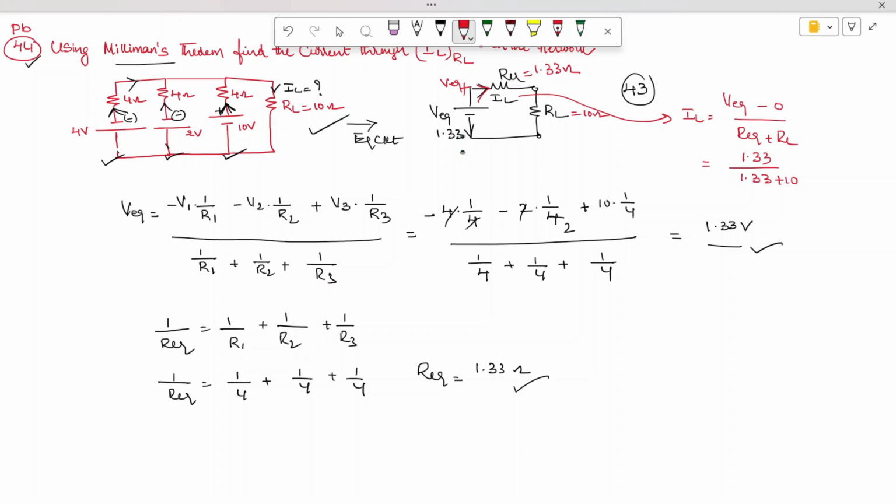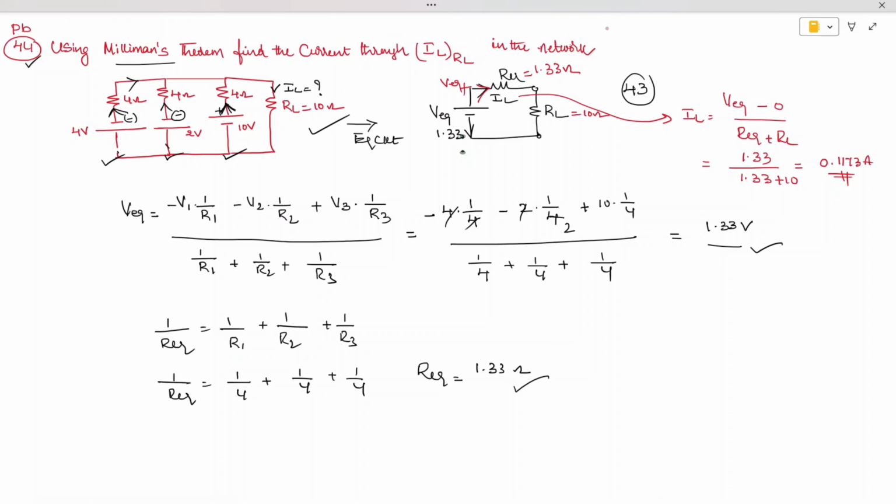Substitute in the formula, use your calculator, and you will get the current as 0.1173 amperes. That's all. This is the current IL across the load resistor RL using Millman's theorem.